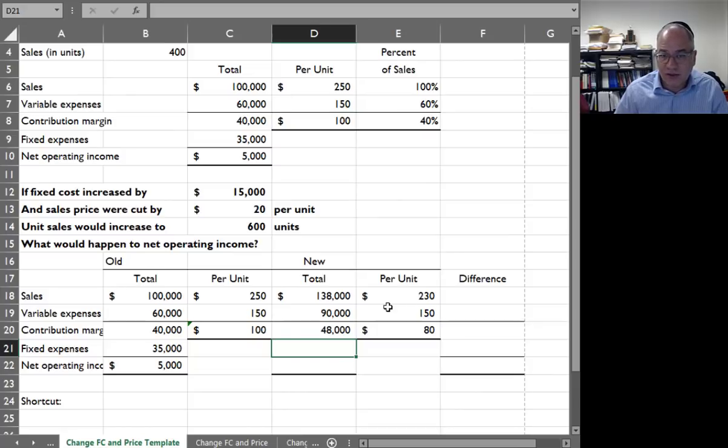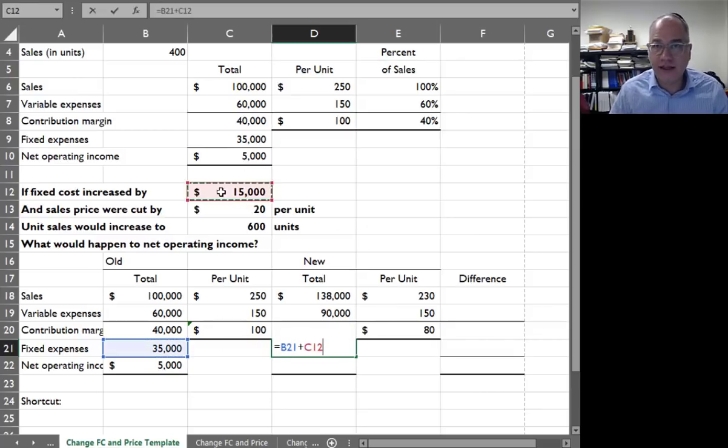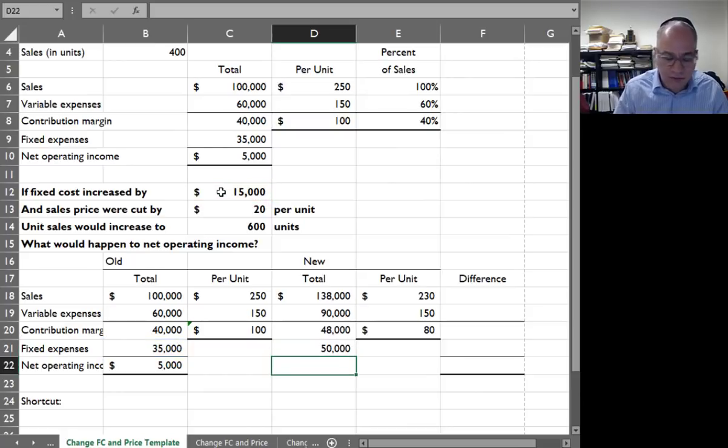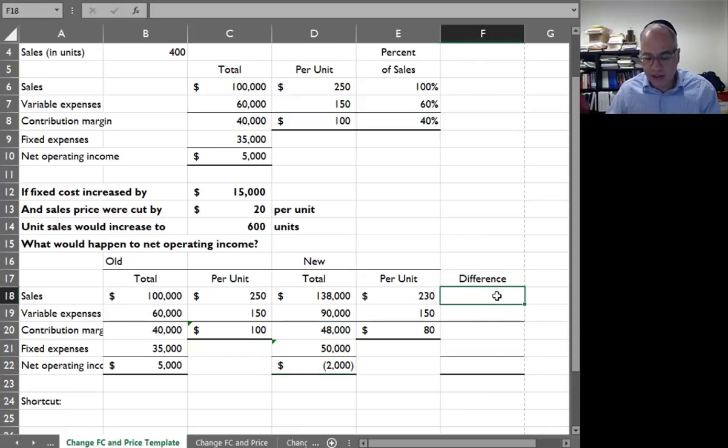Fixed costs would not be the same. Fixed costs would be $35,000 plus the $15,000 increase that we just had, resulting in negative operating income of $2,000. Not good. So what's going on here is that sales is going to go way up. Variable expenses is also going to go way up, 30,000 to be exact.